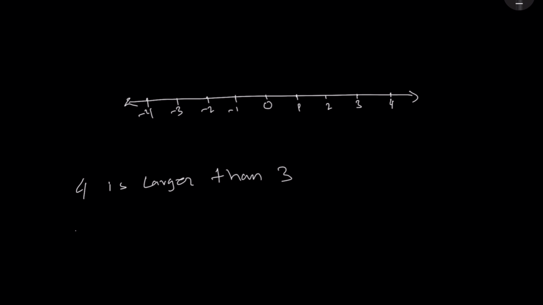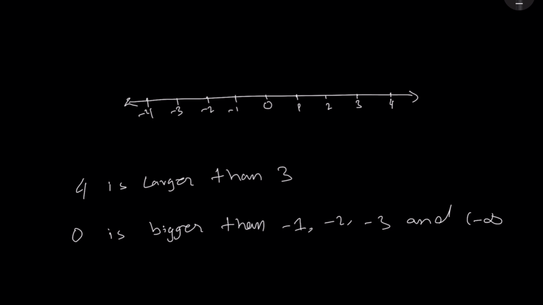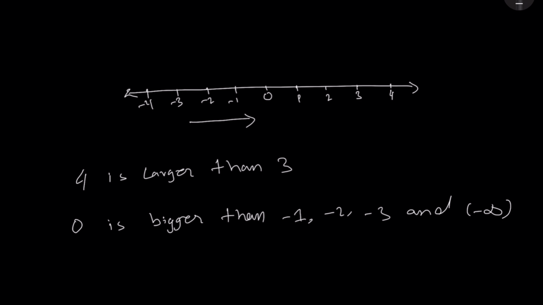In the same manner, 0 is a bigger number than -1, -2, -3, and all the way to negative infinity. So 0 is bigger because 0 is to the right side.